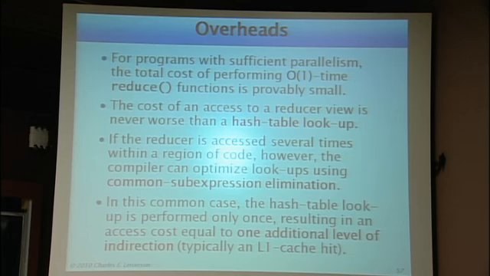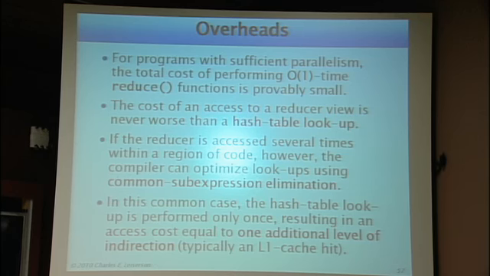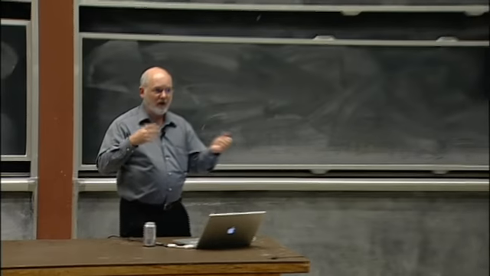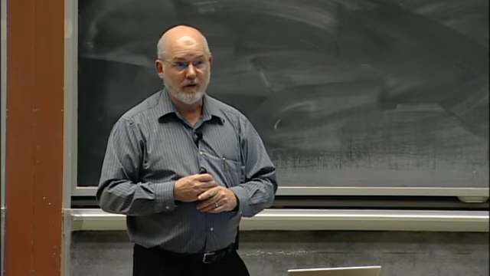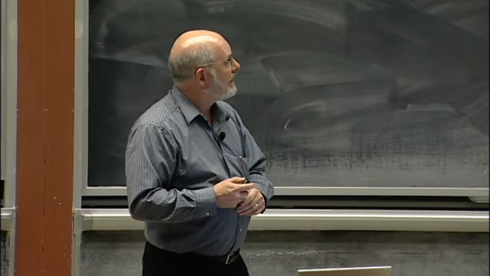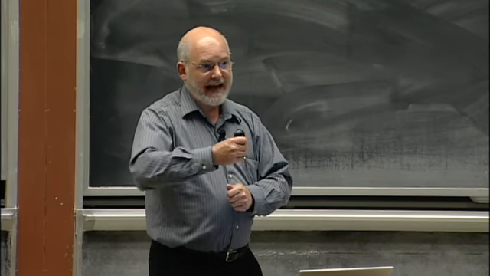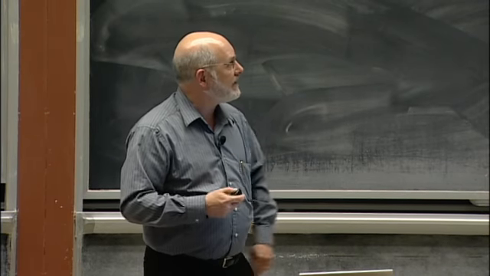Typically, the reduce operations are only called when there's actually a steal. It's actually a return from a steal. Since stealing occurs relatively infrequently to load balance, the number of times you actually do one of these reduce operations is small. Most of the cost is actually accessing the reducer to do the updates.